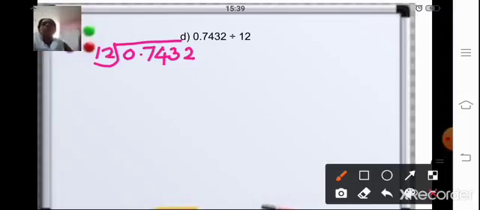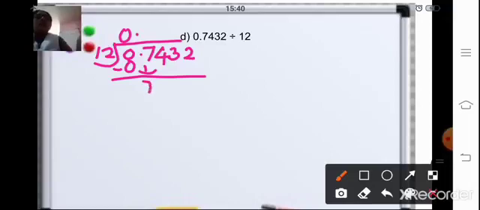Now here it is 0, so it is not divisible. So you will put a 0 here. Now the decimal point you will put. Take this 7 down. Again 7 is not divisible by 12, so put a 0.